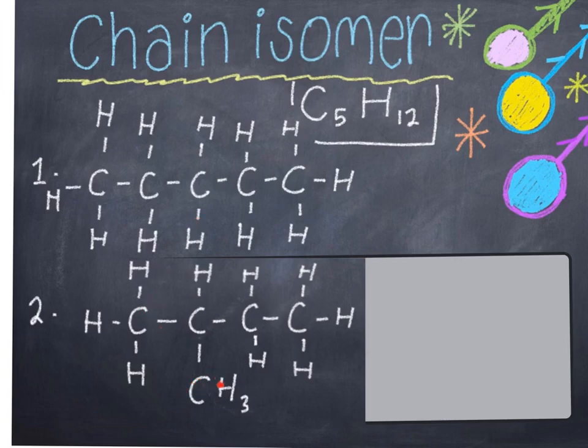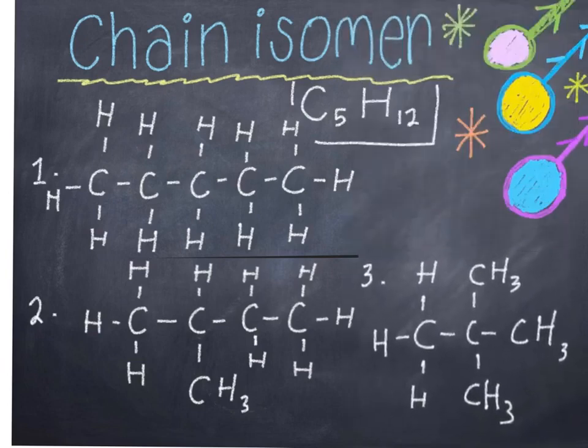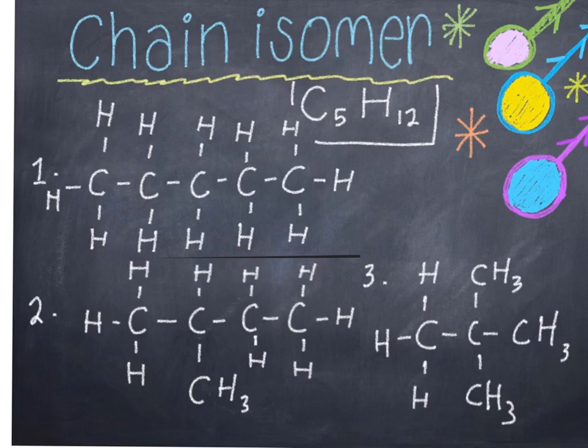Alright, the third structure that you might come out with might be this one. So here we have 1, 2, 3 carbon, and another 2 methyl group or branching is located at the same carbon.